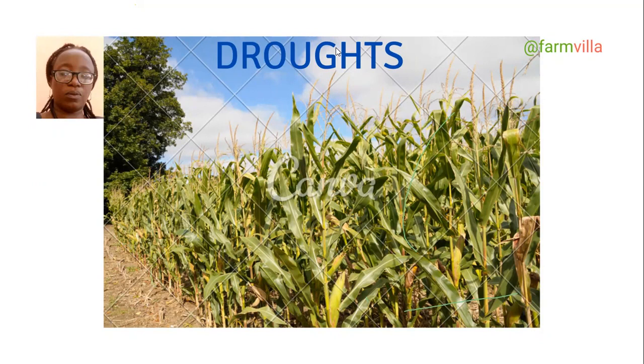Do you know normally if you do your farm very well, if you do your maize very well, you're supposed to harvest nothing less than 7 tons per hectare, 7 tons per hectare. But averagely, Nigerian farmers are harvesting 1 ton per hectare, even less than 1 ton per hectare.